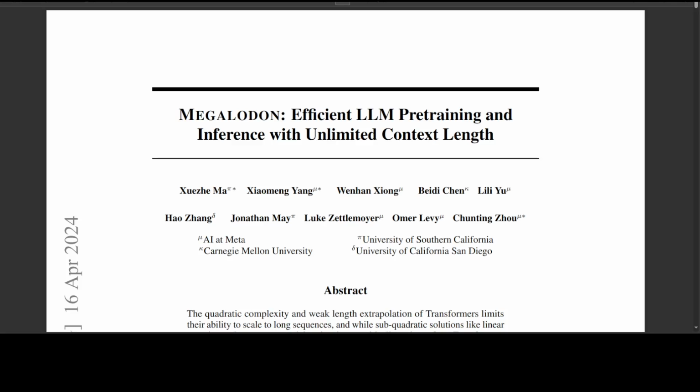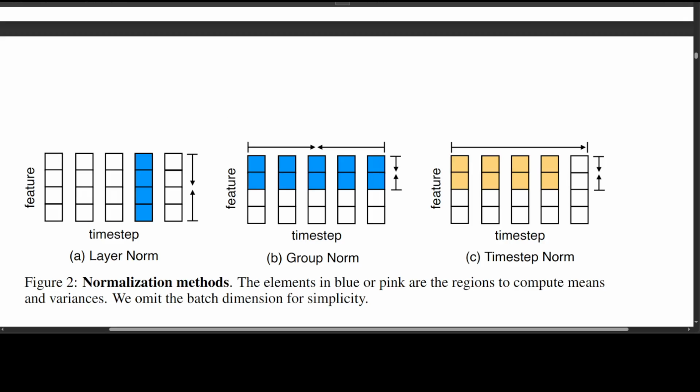Techniques like efficient attention mechanisms and structured state space models have been introduced to overcome these limitations, aiming to enhance scalability and performance. But the practical application of these models still falls short of transformers. This research paper introduces an unlimited context model that outperforms the canonical transformer architecture on real-world language modeling.